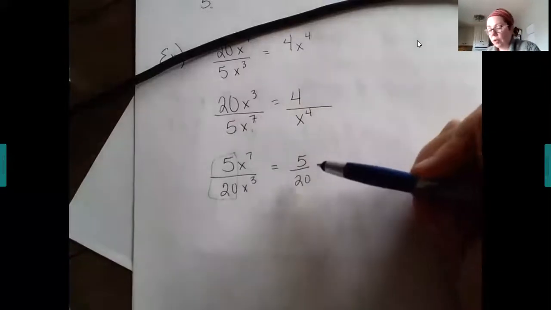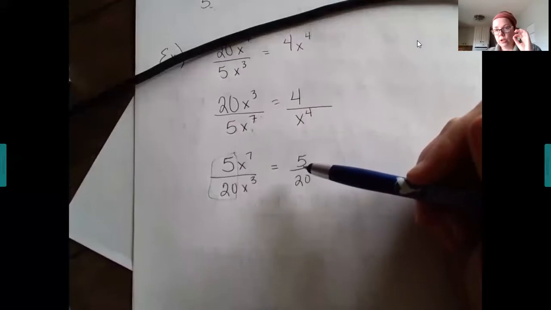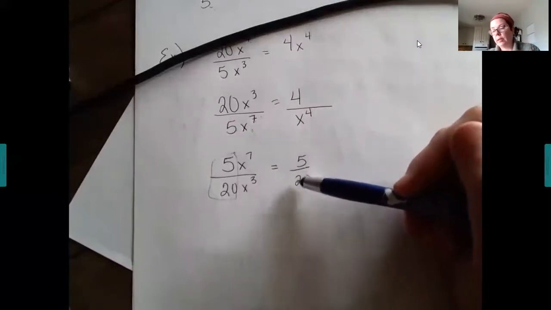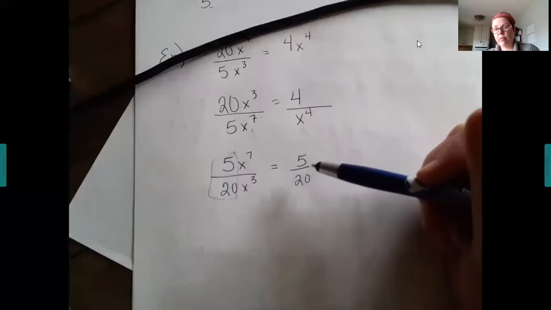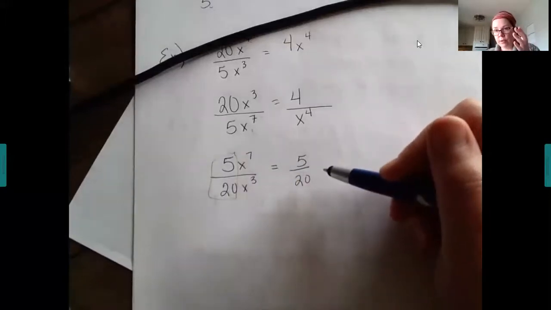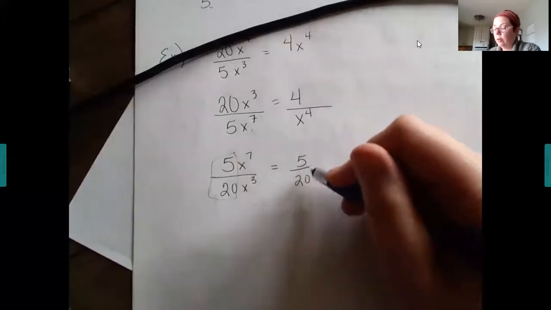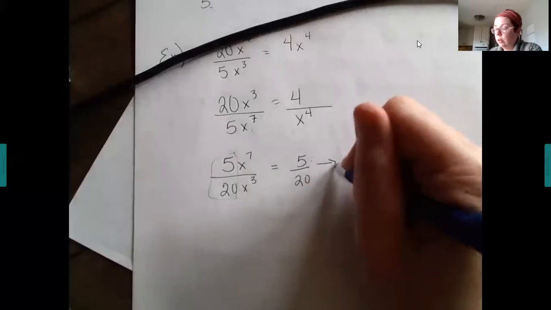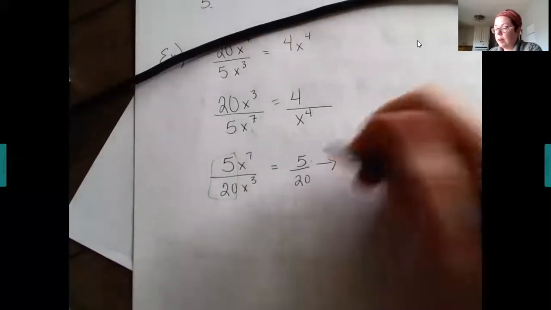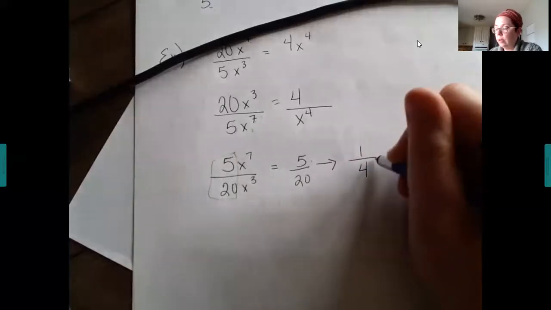So we have a fraction. And just like in any other fraction, if the smaller number is on top, this is a proper fraction. So we're still going to have small number on top, big number on bottom, okay? So 5 over 20. I can divide 5 by 5 and get 1. 20 divided by 5, I get 4, okay?